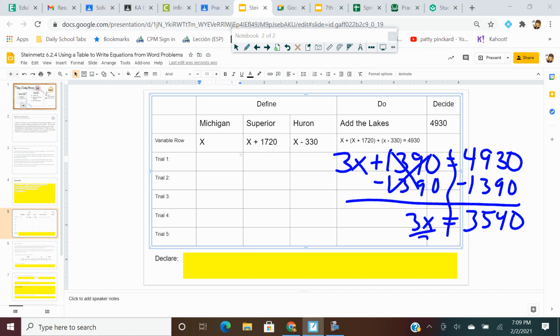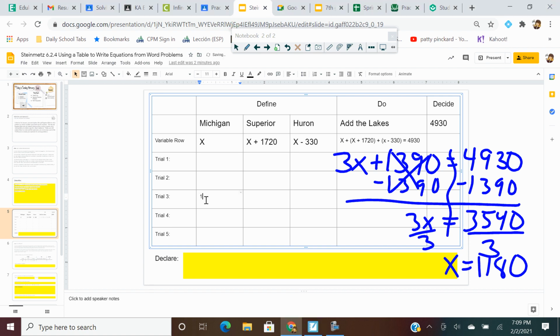Then I divide both sides by 3, which gives me x equals 1,180. So x equals not 1,000, not 2,000, not 2,500. I would have to do probably 5 to 10 trials to figure out what x actually ended up equaling. So now I'm just going to fill in a row so I figure out Michigan.